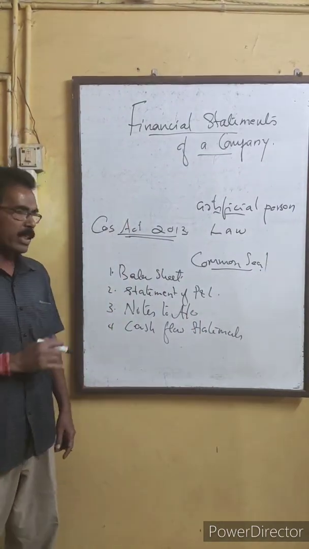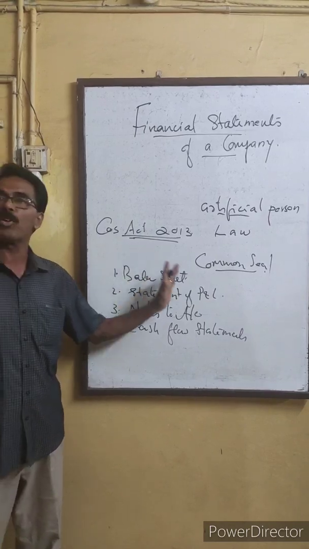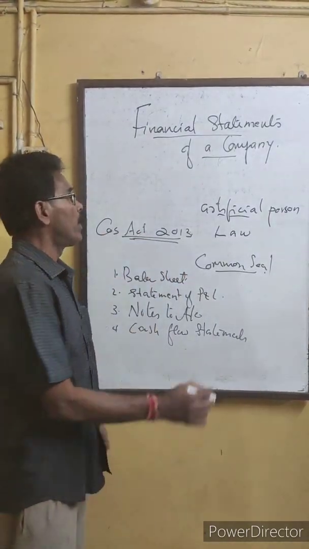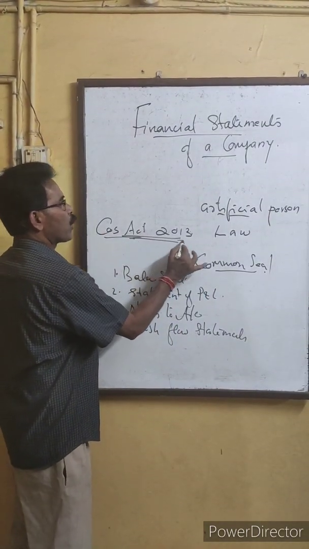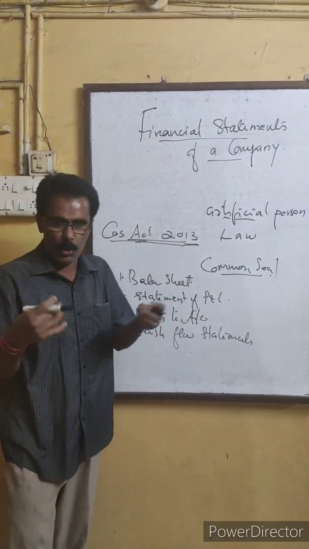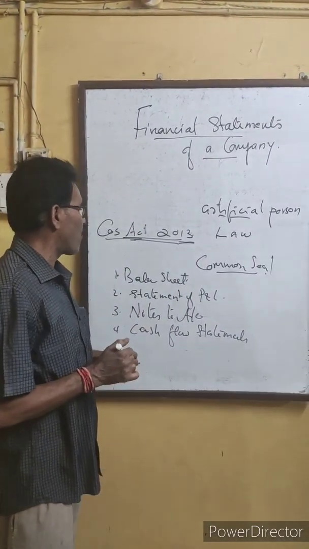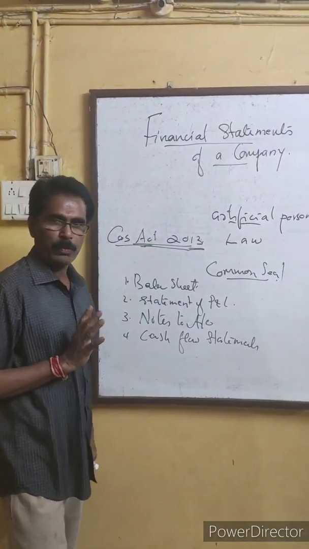And one more thing is that these are in a particular format, in the prescribed form given in the Companies Act of 2013. We cannot prepare as you like. The prescribed form of this balance sheet I am going to provide you.